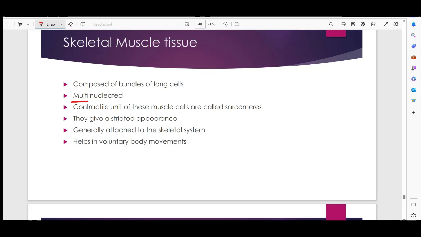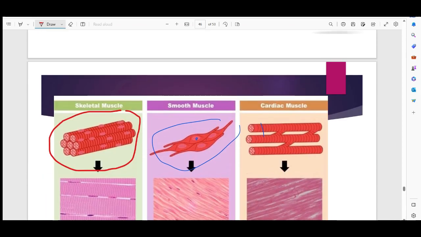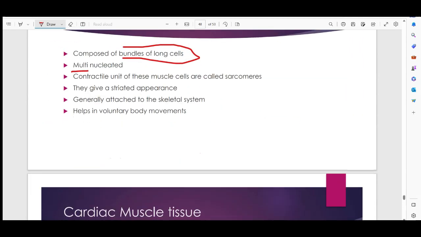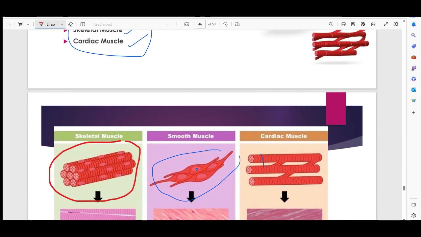The next thing is it is composed of bundles of long cells. You can see it here. Skeletal muscle cells are pretty long, longer than smooth muscle cells. The contractile units of these are called sarcomeres. The presence of sarcomeres is the reason for the striated appearance. You can see these band-like structures here.